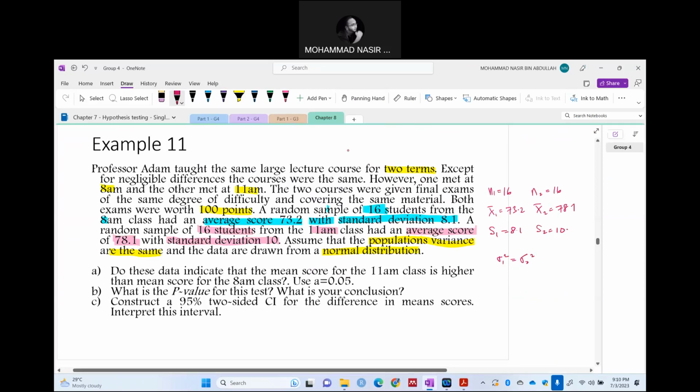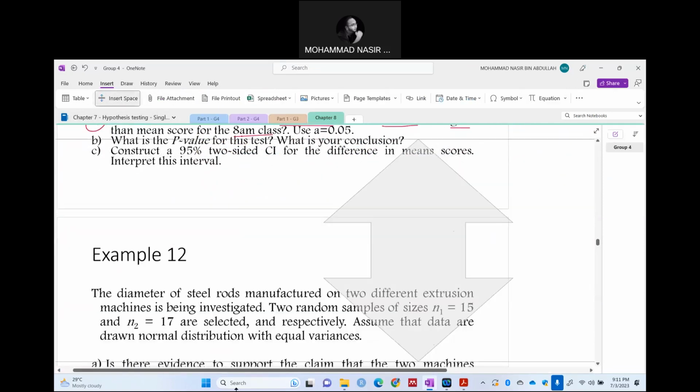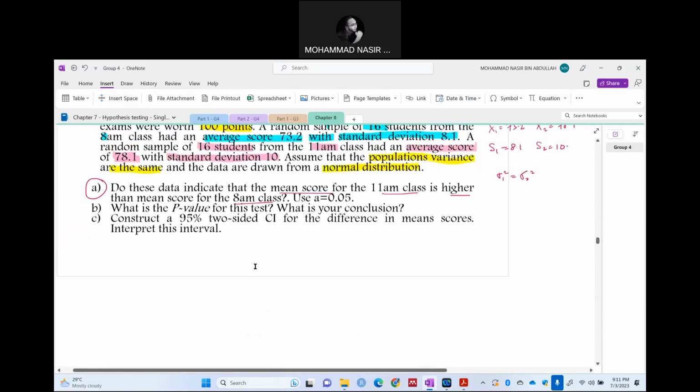So question number 1: do these data indicate that the mean score for the 11 a.m. class is higher than the mean score for the 8 a.m. class? So this is mu1, this is mu2. Now, to solve the problem, we need to perform hypothesis testing.